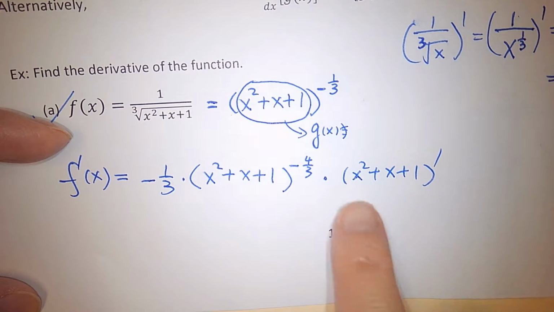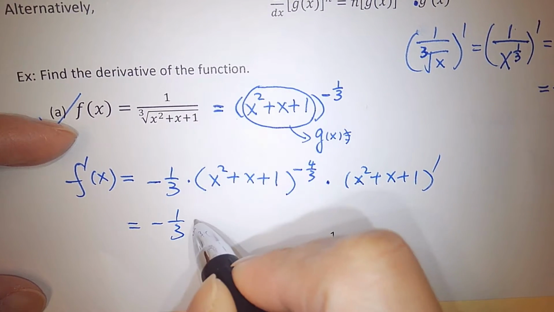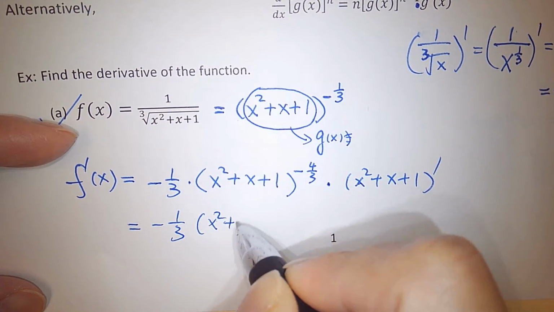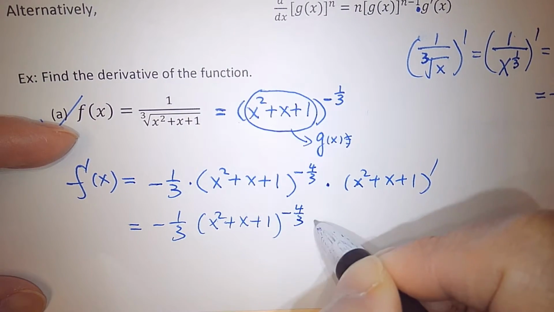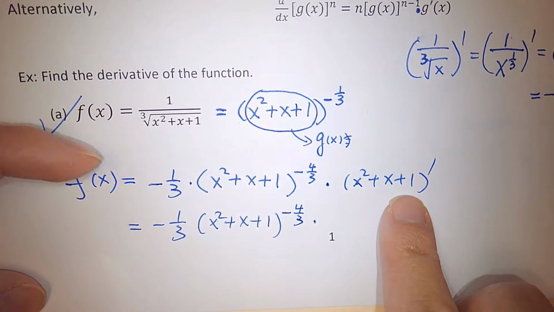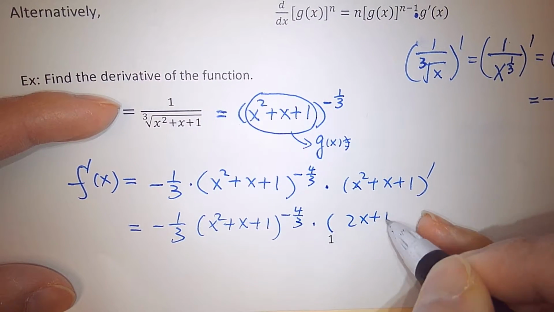Alright, so we need to do this, right? Negative 1/3 times x squared plus x plus 1 to the negative 4/3. What is the derivative of x squared plus x? 2x plus 1. Done.